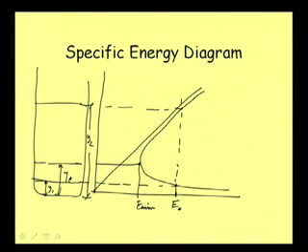These depths are called alternate depths. So this y1 and y2 are called alternate depths. These are corresponding to a specific energy E. Now, what are the specialities in these?